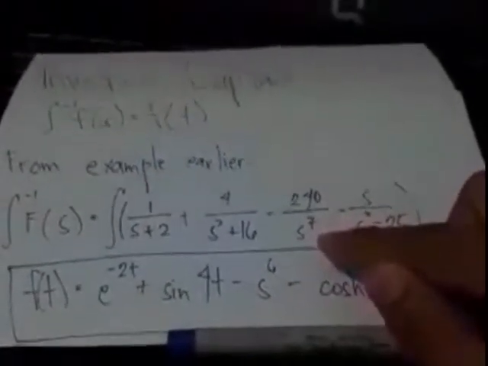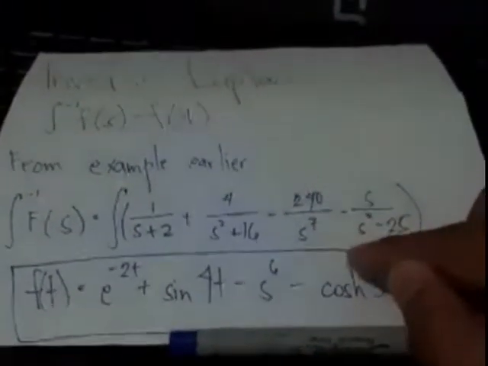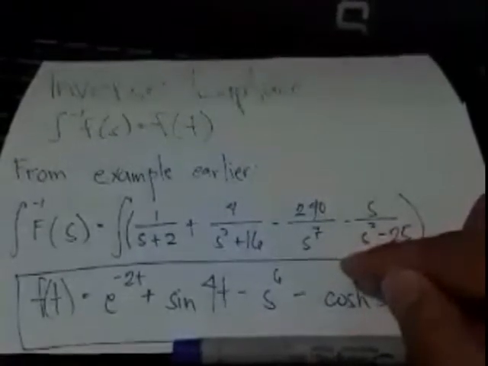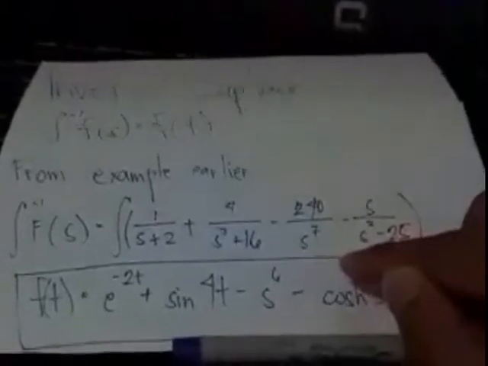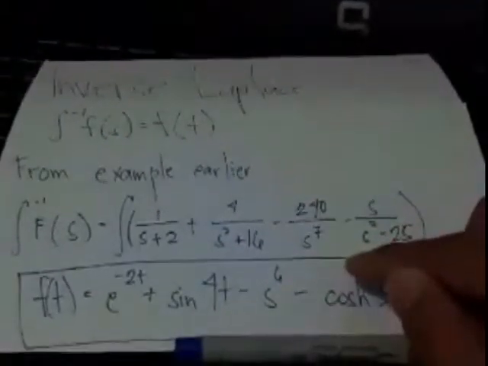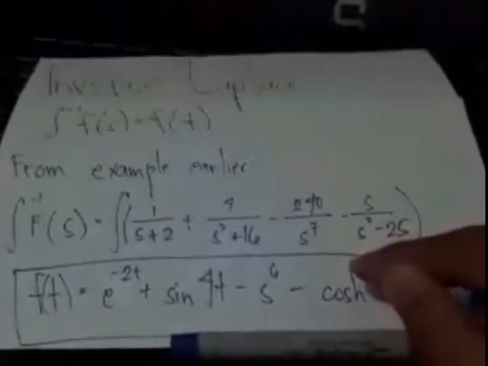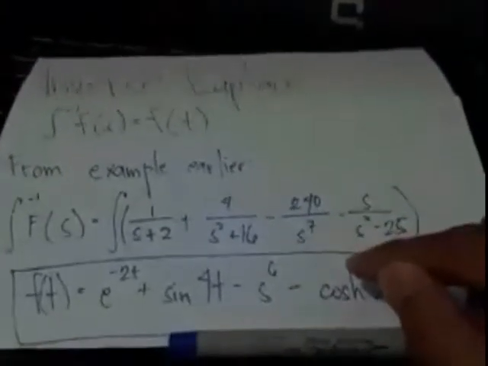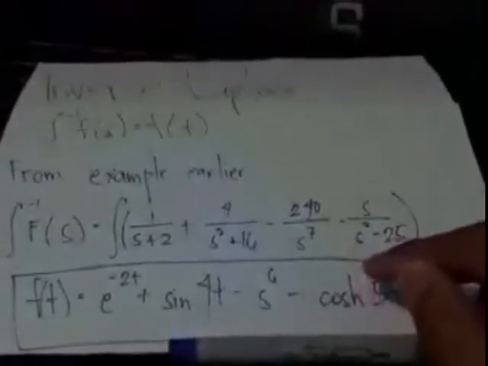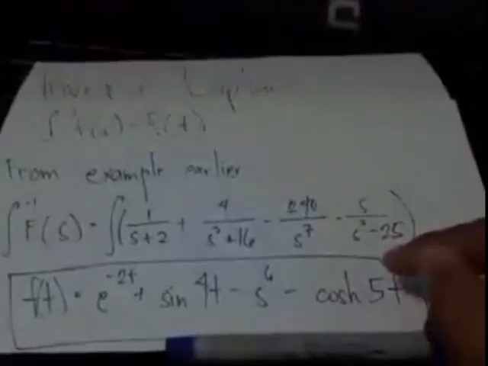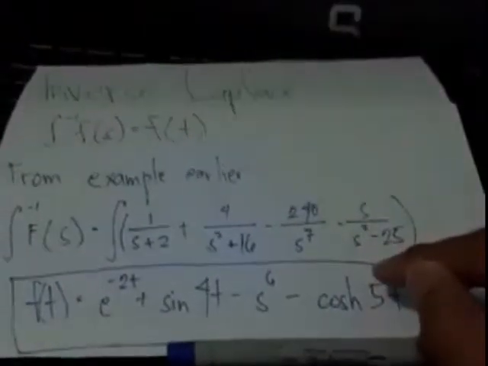This form is for t raised to n, and we know that it is equal to n factorial over s raised to n plus 1. So by inverse Laplace, we now use subtraction to be able to get the n of the given function. Therefore, n is equal to 7 minus 1, which is equal to 6. So simply, it is equal to t raised to 6.